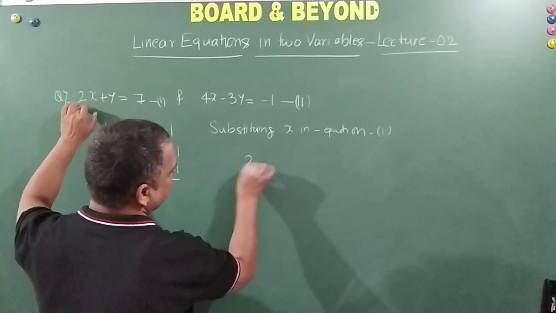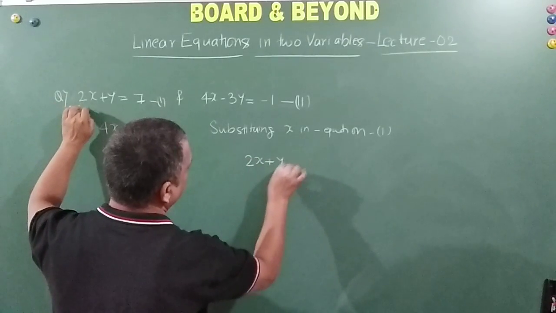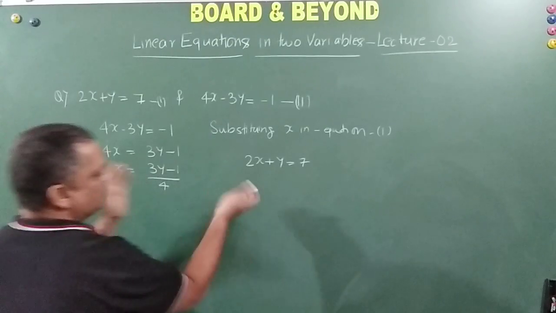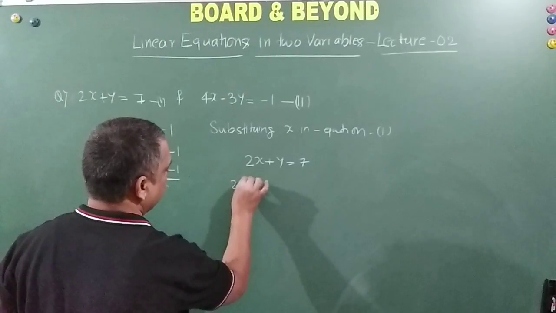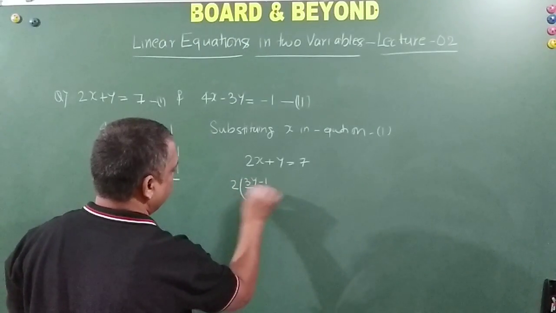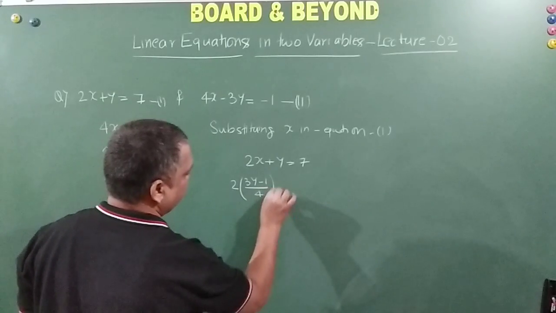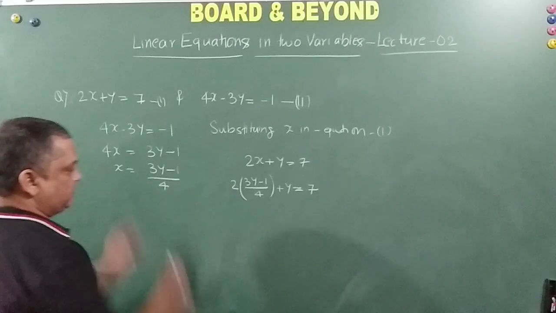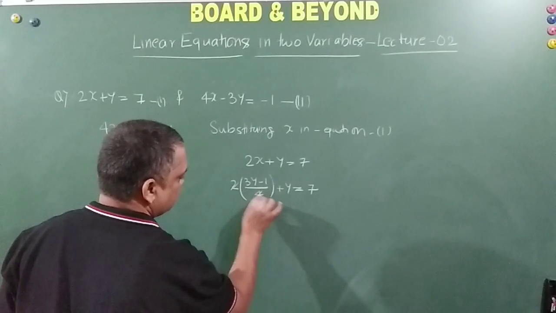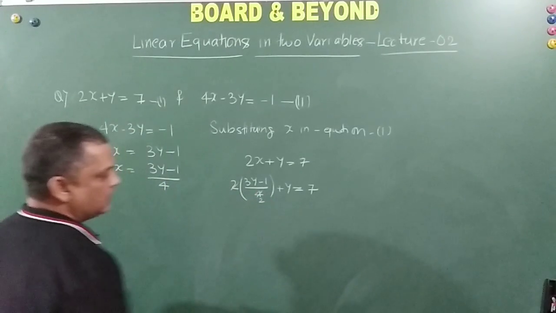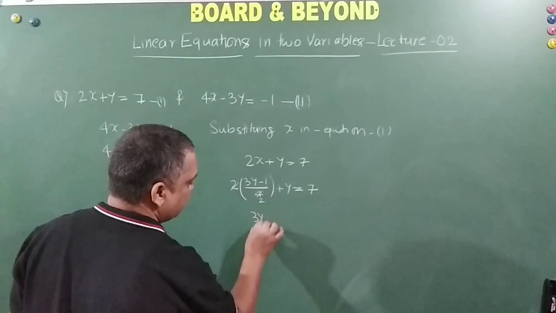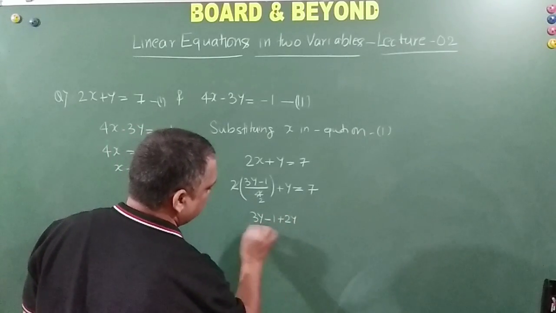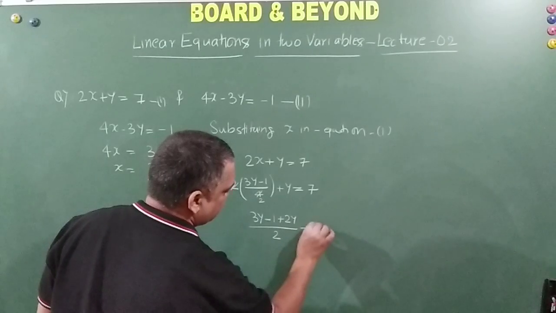My first equation says 2x plus y is equal to 7, right? x is equal to (3y minus 1)/4, so (3y minus 1)/4 times 2 plus y is equal to 7, right? I have substituted this, so I can cancel it out. So this becomes (3y minus 1 plus 2y) divided by 2 is equal to 7.